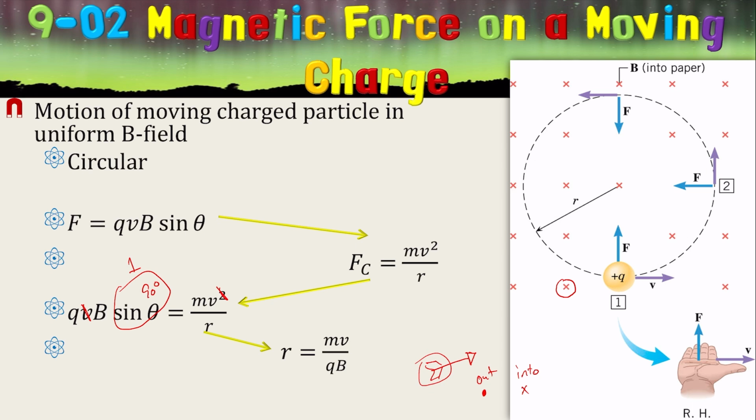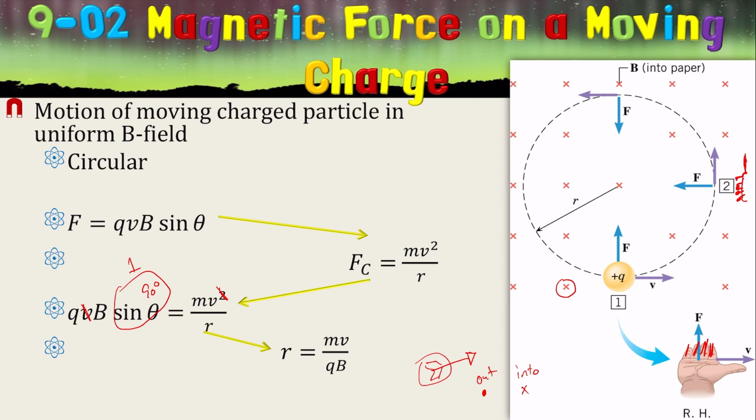So in our diagram here, the magnetic field is all X's, so it's pointing into the paper. So you can see the fingers of the right hand point into the paper. At the bottom, the particle is moving towards the right. So the force must be going up. When you get to position 2, the fingers are going away into the paper.